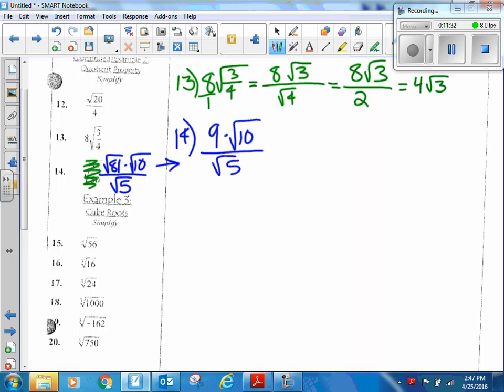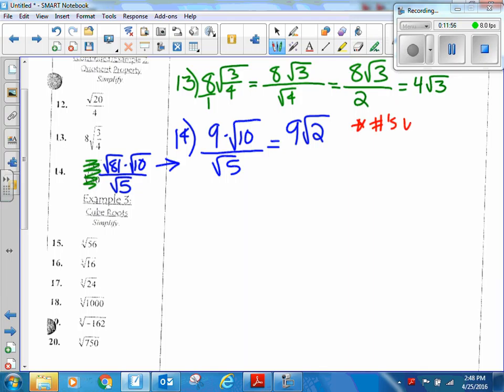So this is 14 right there. All I did was take the square root of 81. Now, numbers under the radicals can be multiplied or divided together. So technically, because we have the square root of 10 over the square root of 5, we can rewrite this as 9 square roots of 2. So I'm going to just note this on the side.